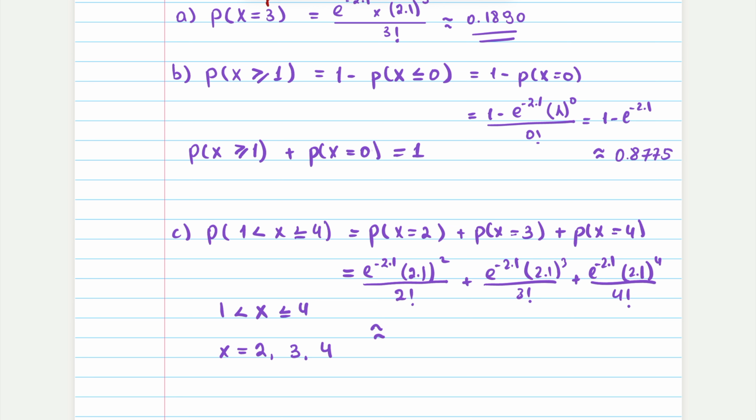If you calculate this all using your calculator, you're going to get approximately 0.5583.